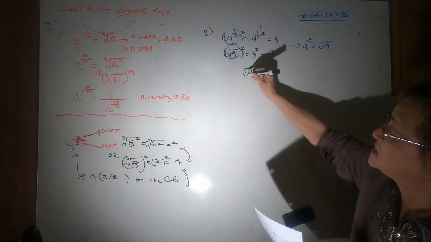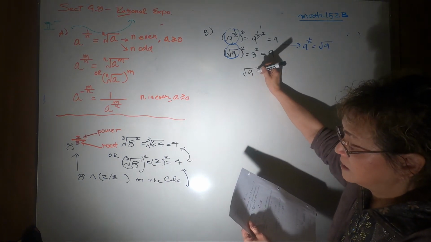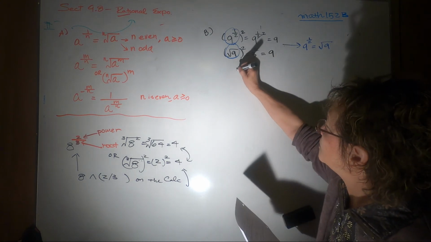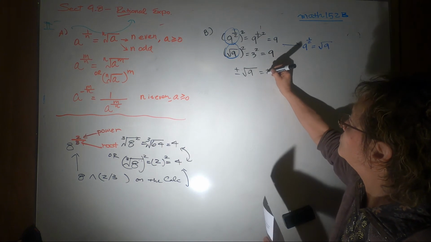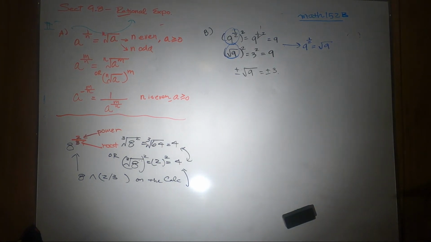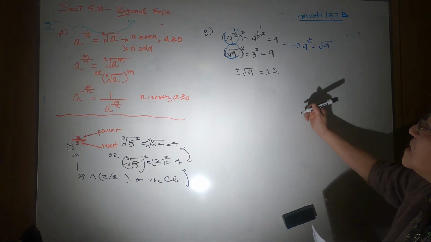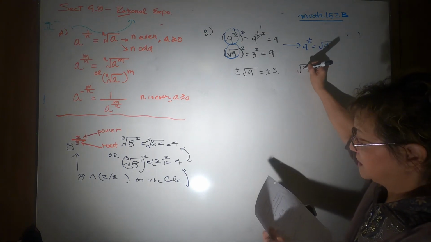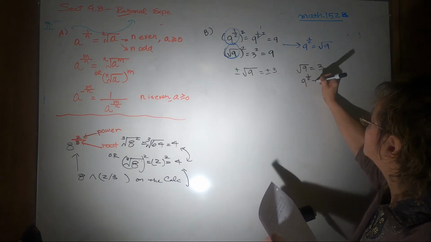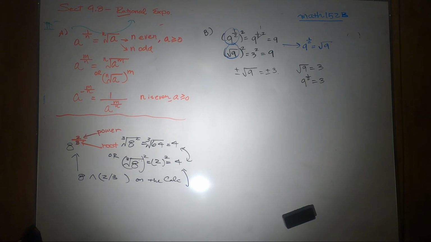But if you use this symbol, we only say it's the principal root. So if we want to have a positive or negative, we put it outside. Same thing, square root of 9, we just use 3, or 9 to the 1/2 power, we just use positive.